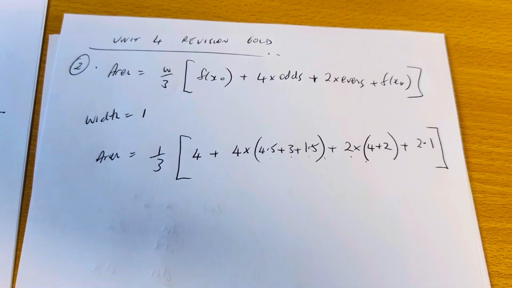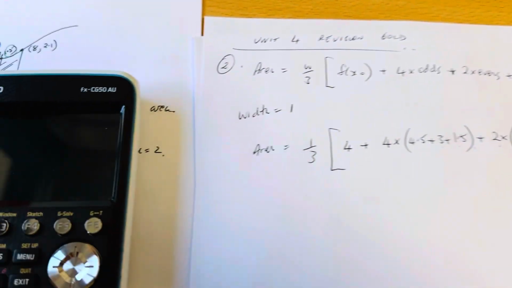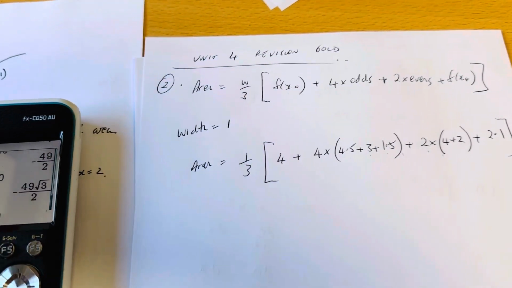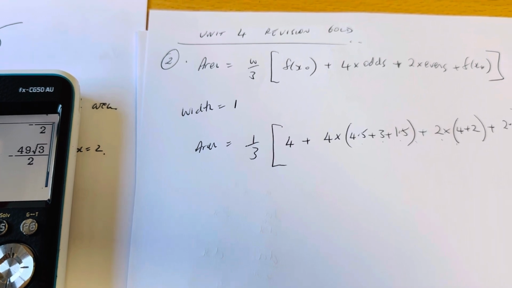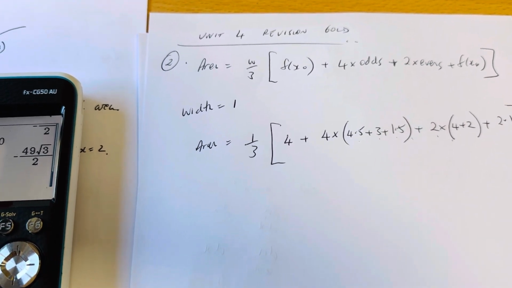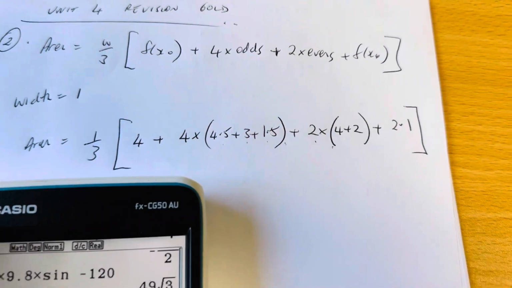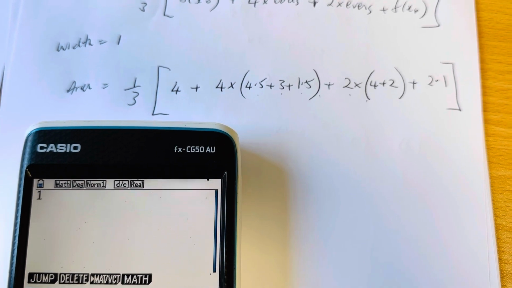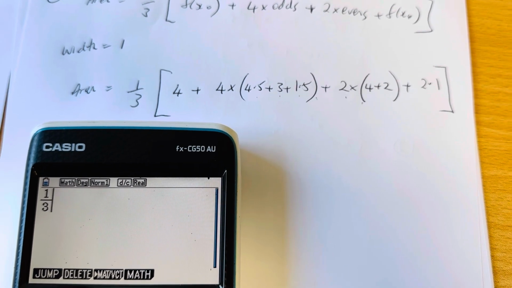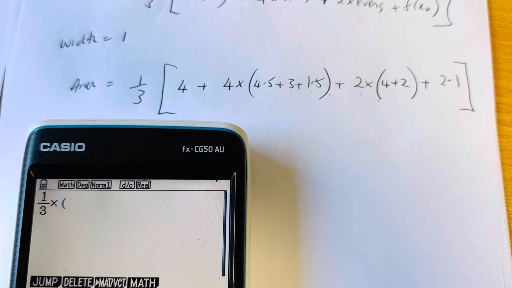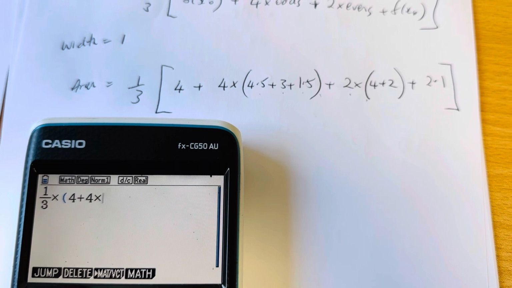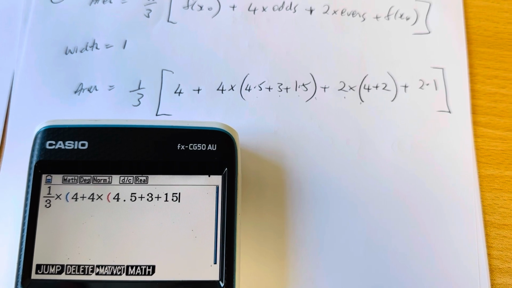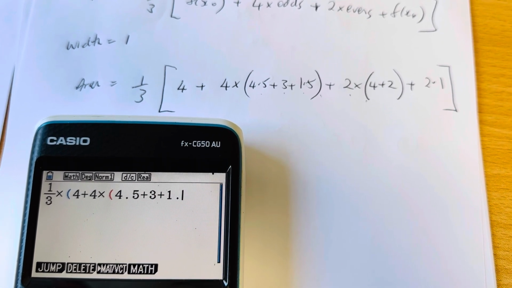So I'm just getting my calculator out. And let's type it straight in. Now, some people are happy just to type straight in. Some people work stuff out as we go. So 1/3 times, in brackets, 4 plus 4 times, in brackets, 4.5 plus 3 plus 1.5.